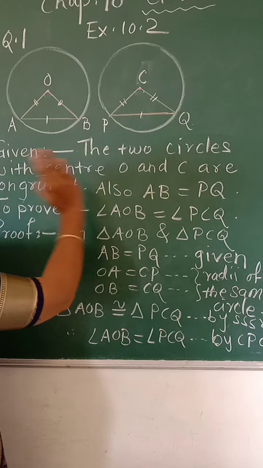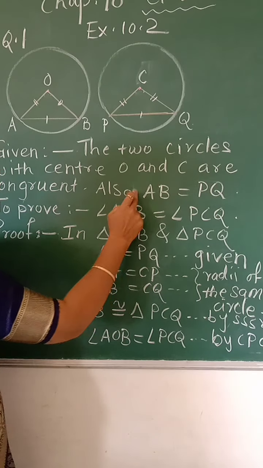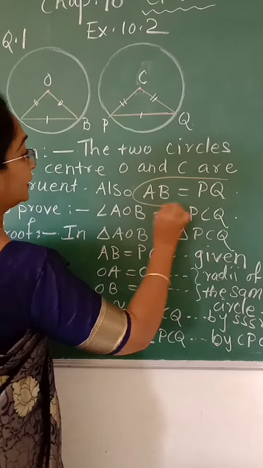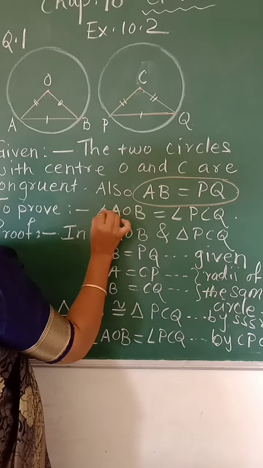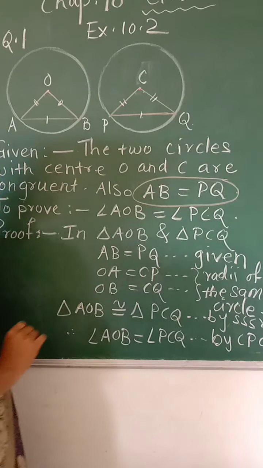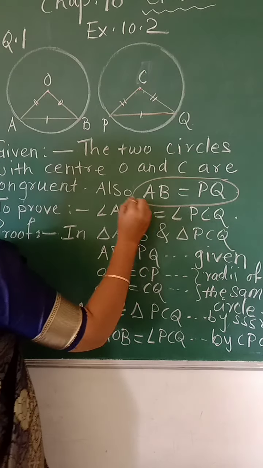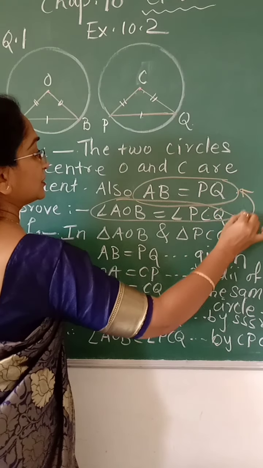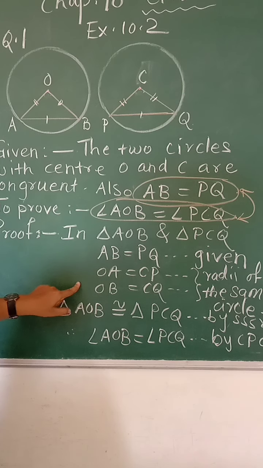All things will remain the same here, only this is going to change. In place of this statement, we have to write angle AOB is equal to angle PCQ. And in 'to prove', this statement will come. So these two statements are going to interchange in question number 2. Now here also one change you have to do.